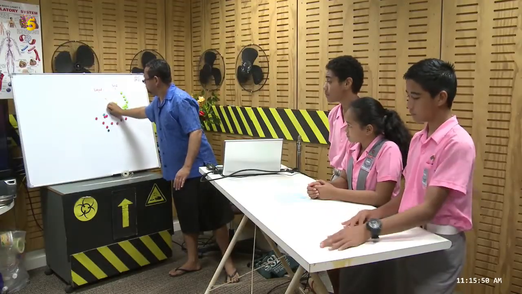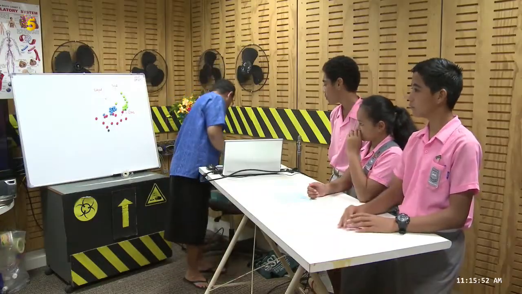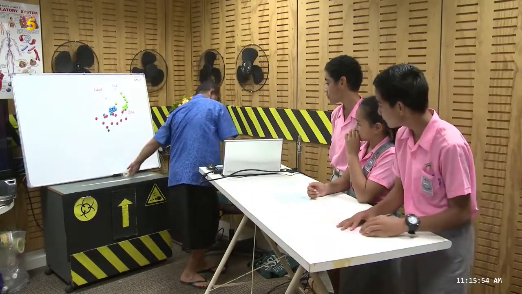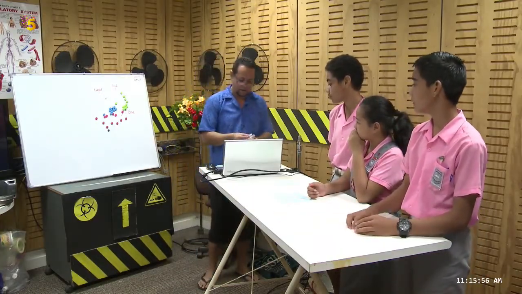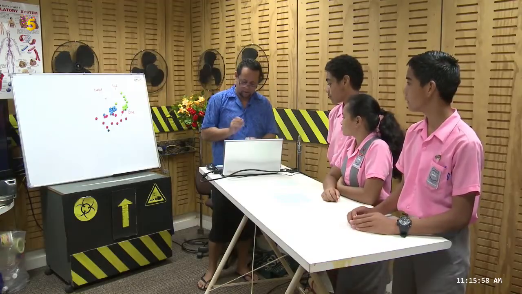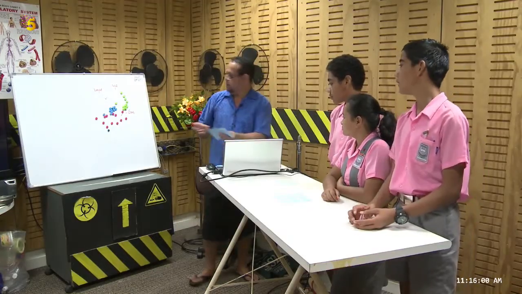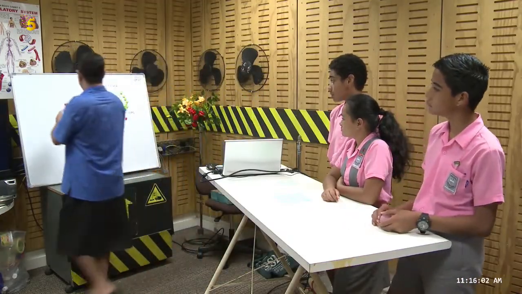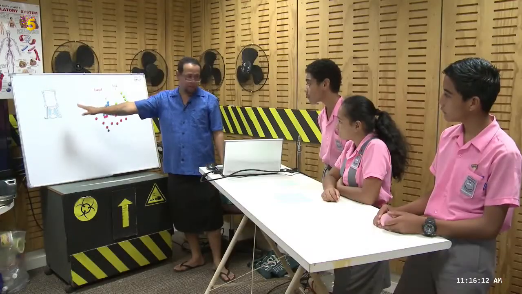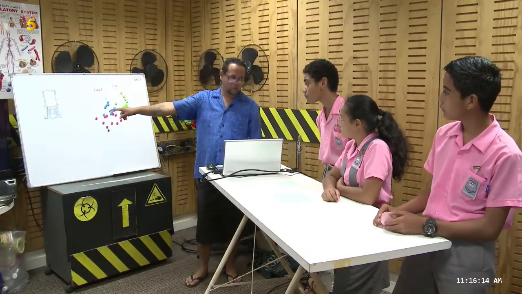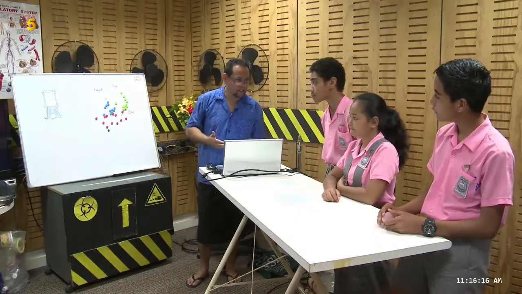The first one. Here we have the tape. And in the beaker, I want someone to come here and arrange the particles. If I make particles of solid, let's say ice, in that beaker. What state of matter is ice?